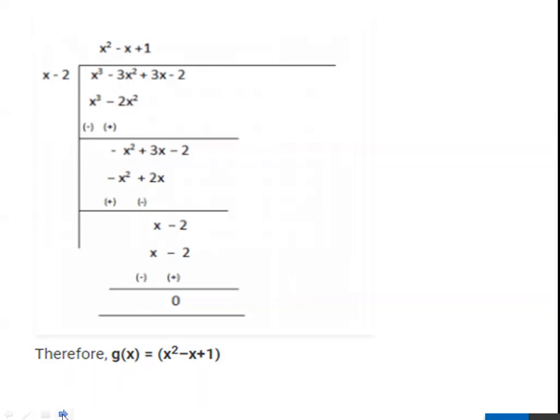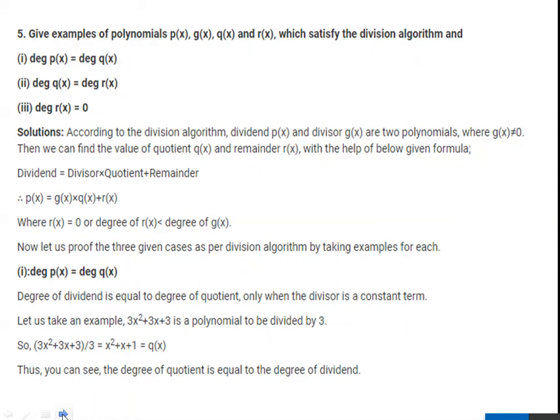Next one. Give examples of polynomials p of x, g of x, q of x and r of x which satisfy the division algorithm. So this is the explanation of division algorithm. The first question is degree of p of x is equal to degree of q of x.